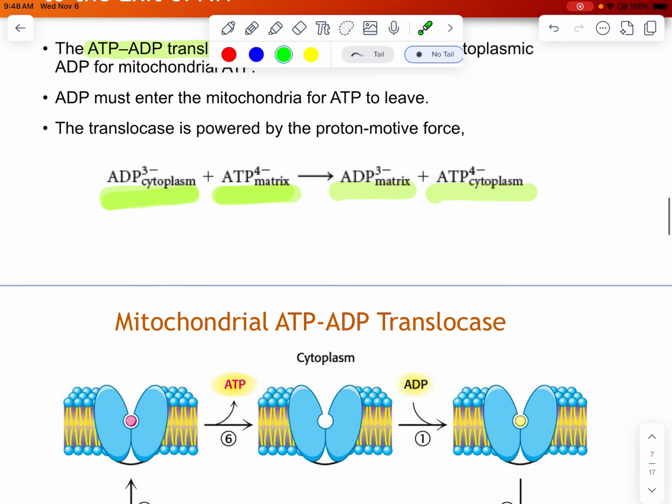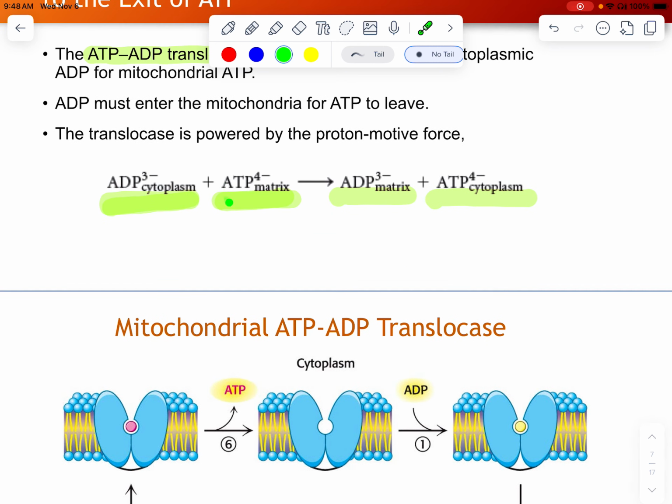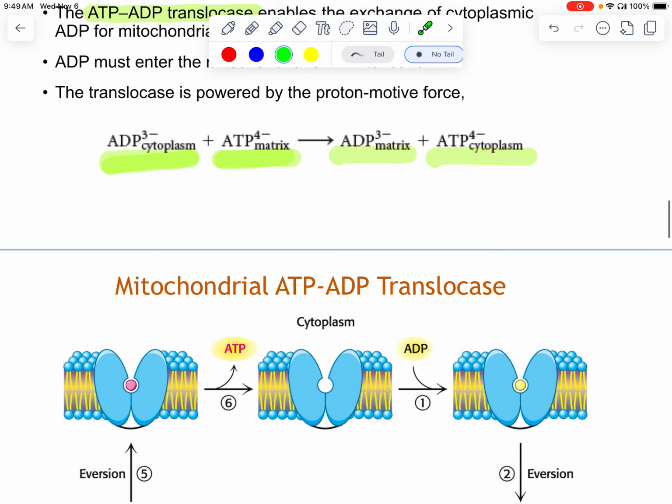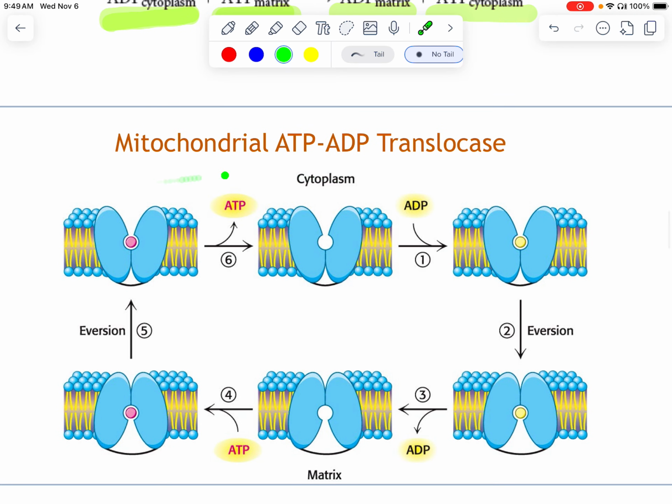If we go back up here and we look, we remember that the ATP has more of a negative charge. This helps it be drawn to the cytoplasm side of the cell because the outside of the mitochondria, in that inner membrane space, has more positive charge. So the mitochondria is negative on the inside, positive on the outside.